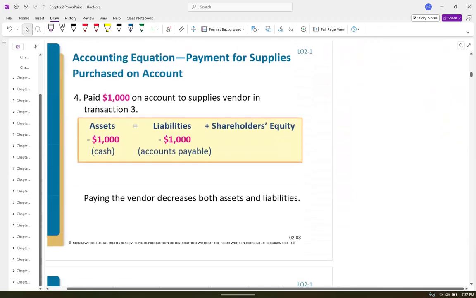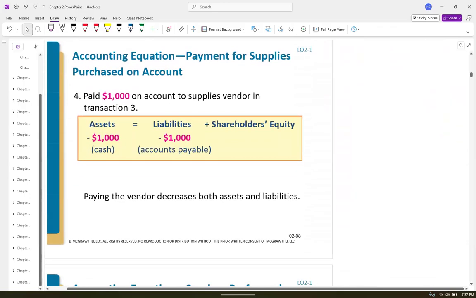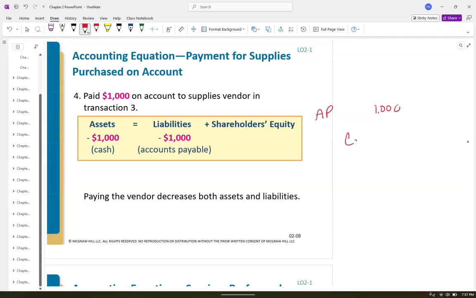So the next entry, we are going to pay $1,000 of what we owe from where we bought the supplies. So we are going to debit accounts payable for 1,000 and credit cash. A very common mistake that a lot of students want to make is they want to come in here and do something with the supplies.